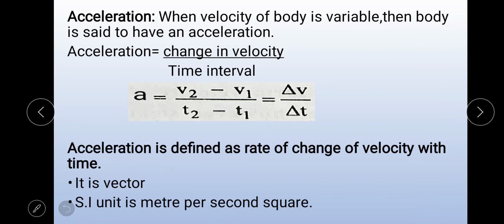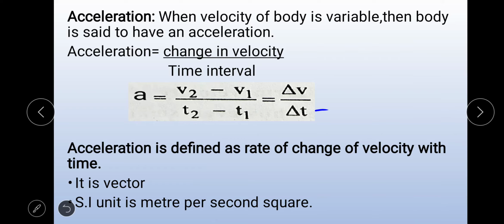Here acceleration is a vector because it has both magnitude and direction. Next, SI unit of acceleration is meter per second square.